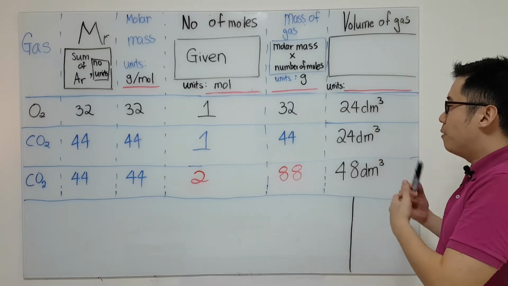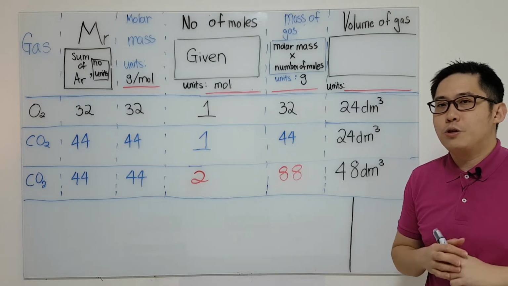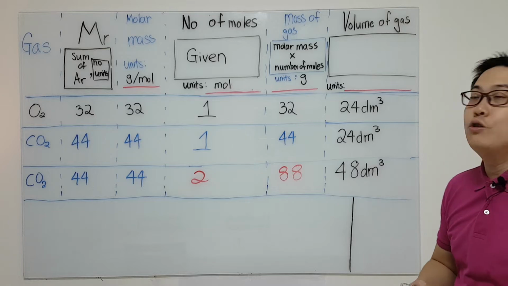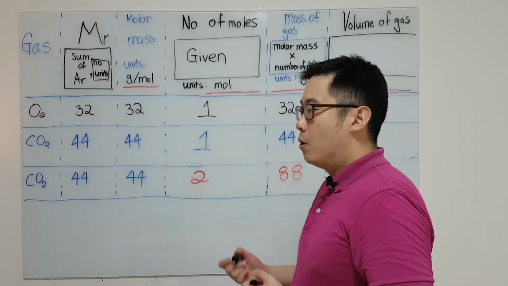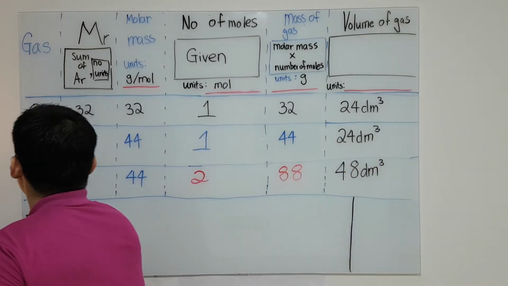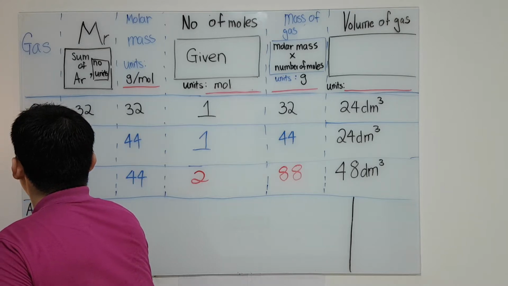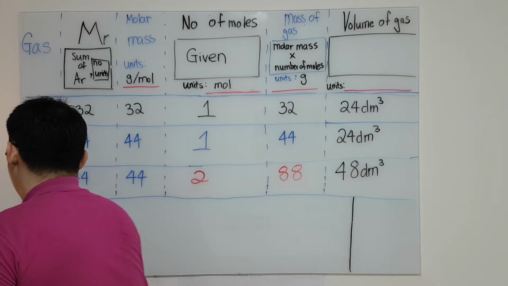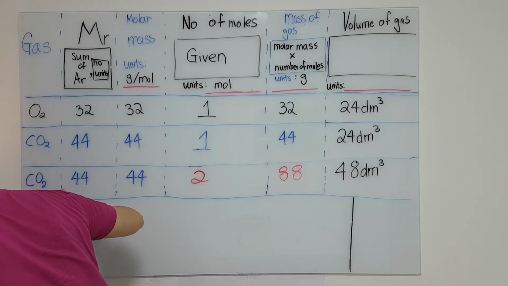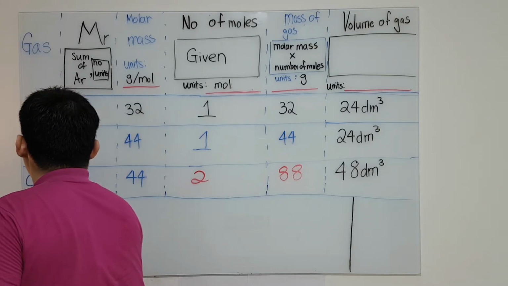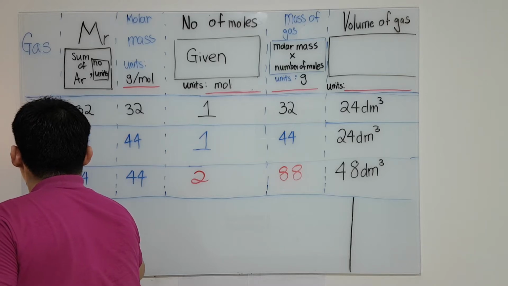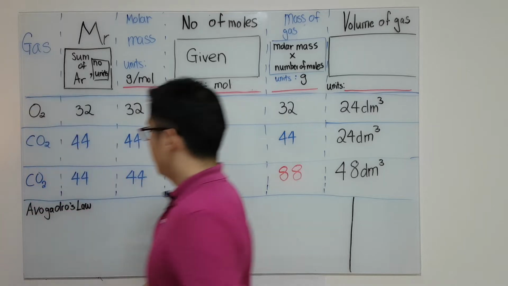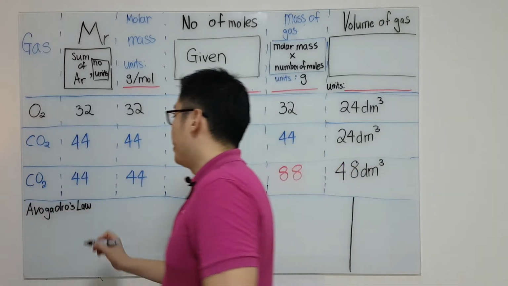Now, students, how do I get this value? In order to explain how I get this value, I need to introduce you to a law. This law is known as Avogadro's law. And what does this law state?